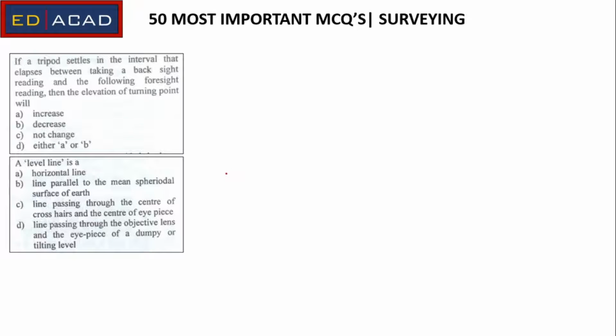So the basic difference between a level line and a horizontal line is that, let's say this is the surface of our earth, so the level line will be curved, and the horizontal line, if say this is our instrument, when you sight it, it will be straight.